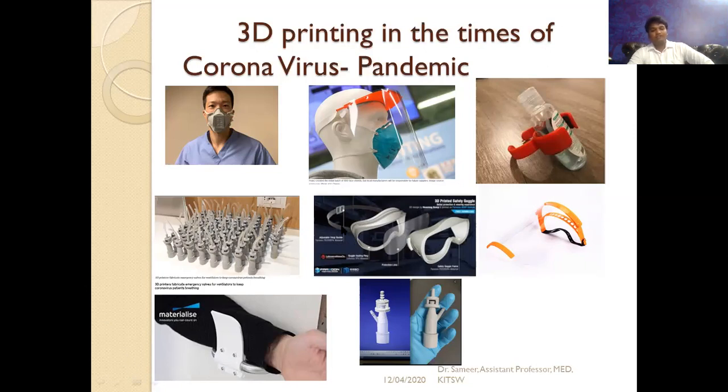Instead of touching with the hand, they have developed a handle where you can use your forearm and pull the door. So these are a few recent applications of rapid prototyping or 3D printing or additive manufacturing, whatever the name is, all the same.